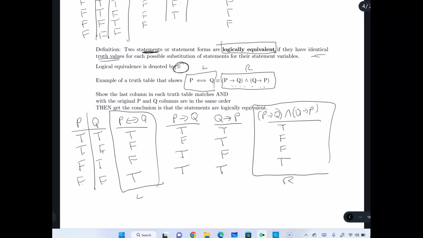So this is the right side. Do they have identical truth table values? Yes. So that means that therefore, so get used to this word, logically equivalent.